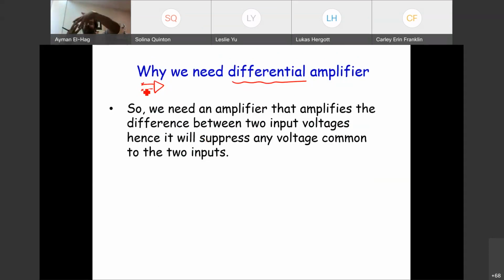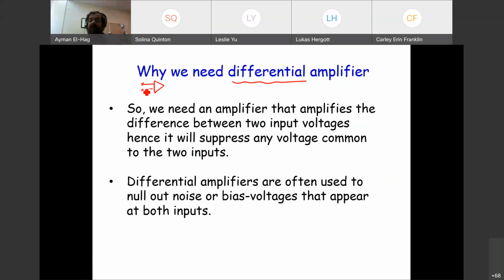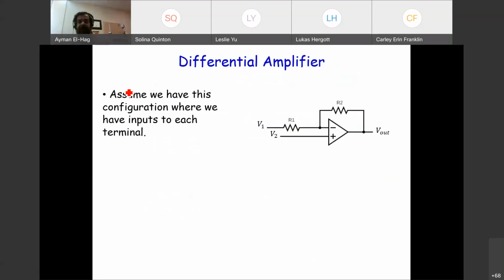So if we subtract these 2 inputs, then we can subtract any common noise between them, and this can reduce the noise to a certain extent. And here is where the word differential comes from: from difference, from trying to take the difference between the 2 inputs so that you cancel the common noise between them. So this is why we need to use a differential amplifier.